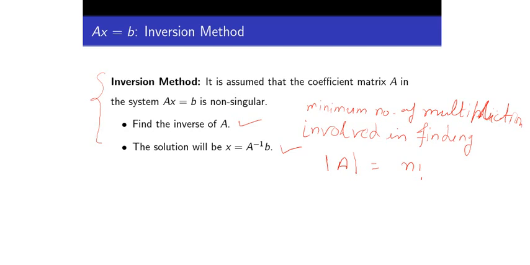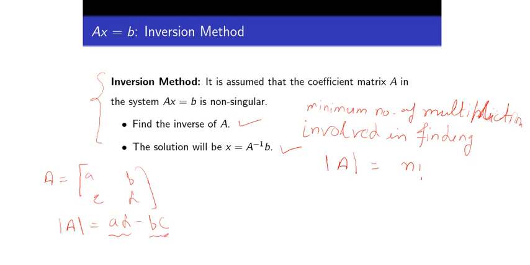So for example, you have, let's say, A, B, C, D. If I wish to find the determinant of this matrix A, what will it be? A times D minus B times C. So one multiplication here, another multiplication here, 2 multiplications.